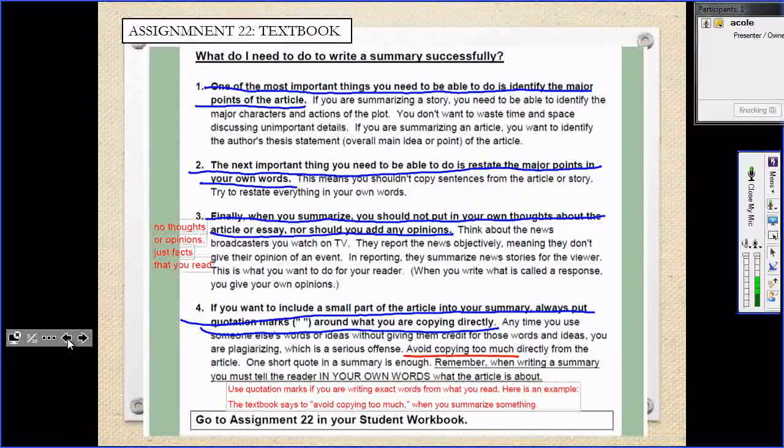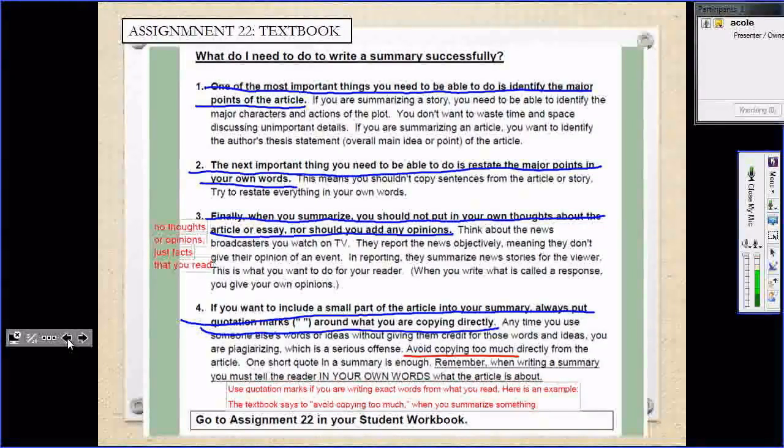And then it just goes on to talk about how you don't want to copy too much, right? You just take a few words. It's okay to take a few words, because if you take too much, and especially if you don't say where you got it from, that's called plagiarism, right? Those are the 4 main points.